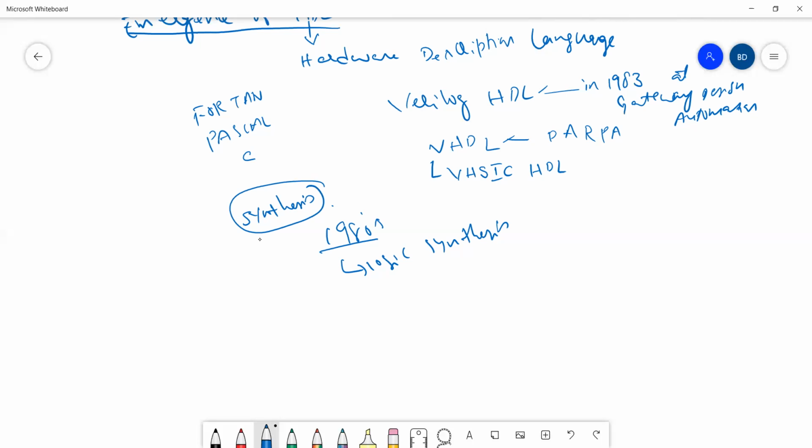Logic synthesis tools would implement the specified functionality in terms of gates and interconnections. Moreover, HDLs later began to be used in system level design.